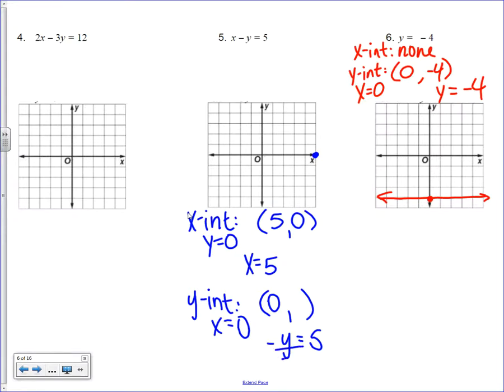I have to divide it by -1. So y is -5. And where am I going to put that -5, first or second? Okay, Quentin, left or right, where am I going to go? Nowhere, up or down? How many? 1, 2, 3, 4, 5. Connect my dots, and there is my line.